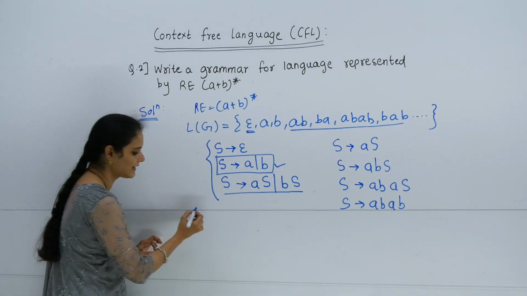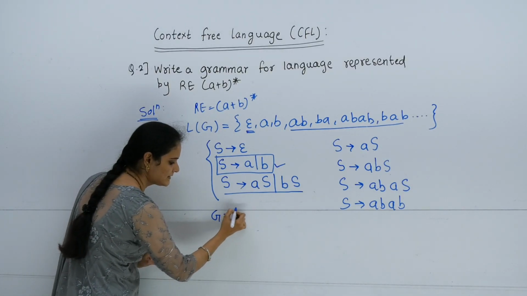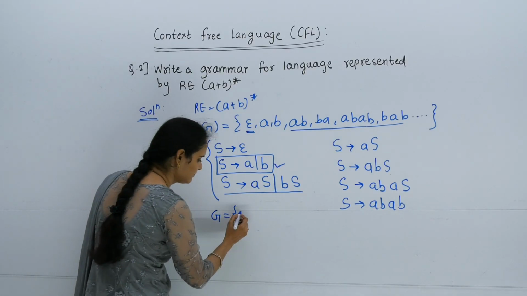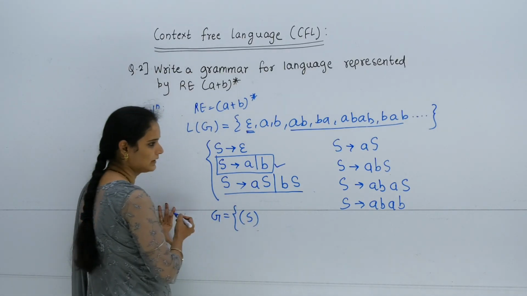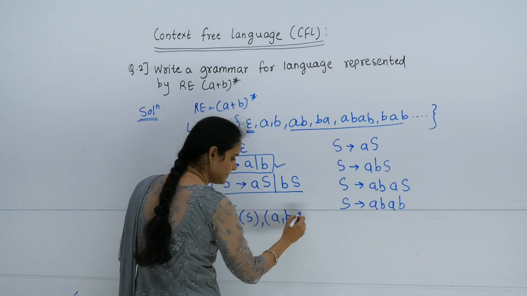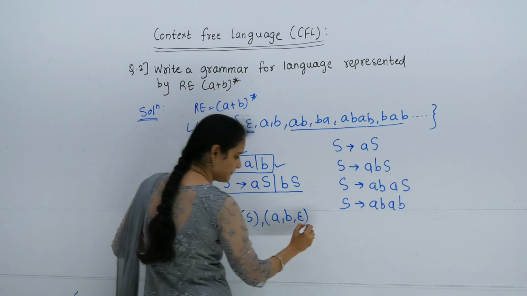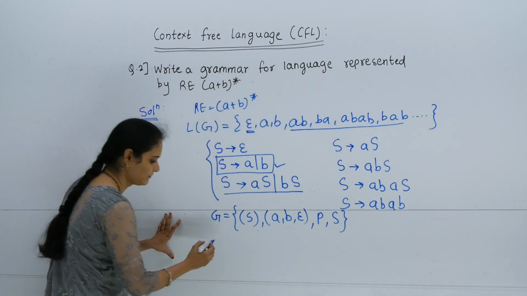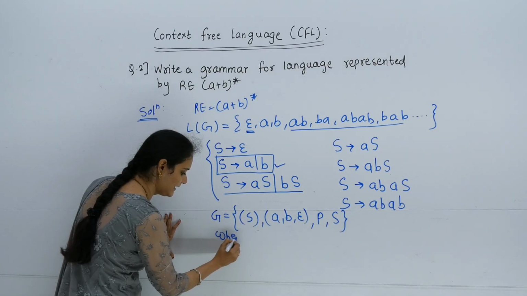So how do we write the grammar? The grammar has non-terminals, the capital letters, where we use only a single non-terminal, then terminals, the small letters, P, the productions, and S is the starting symbol. So what is P here?